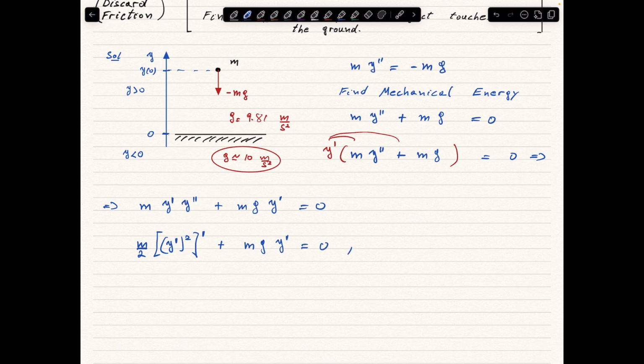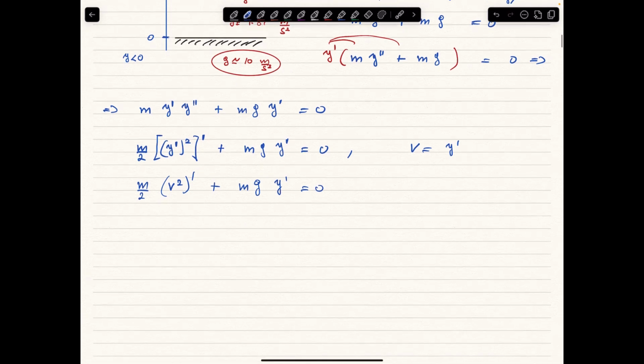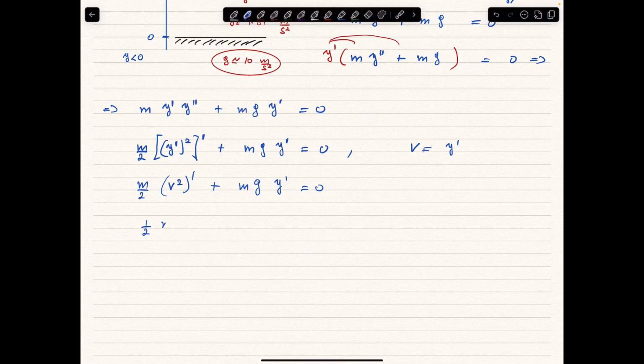So let's introduce v to be y prime, and then we have mass over 2 v squared, derivative, plus here we have a constant times v prime equals 0. So this obviously is something of the form 1/2 mass velocity squared plus mass acceleration of gravity position.